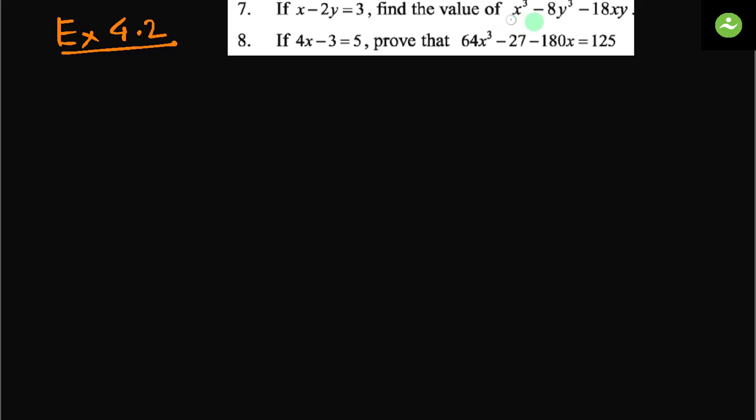And we know it looks like a cube minus b cube, so we have to apply the corollary. We know a cube minus b cube equals a minus b whole cube plus 3ab into a minus b.